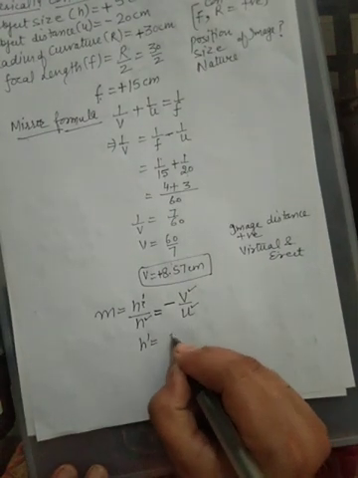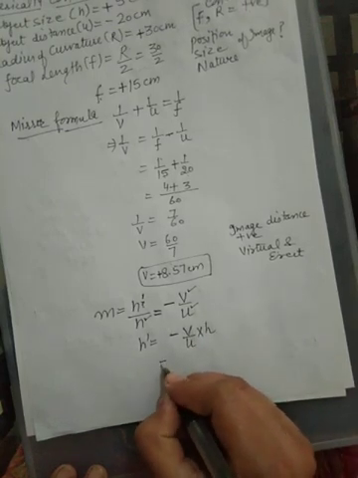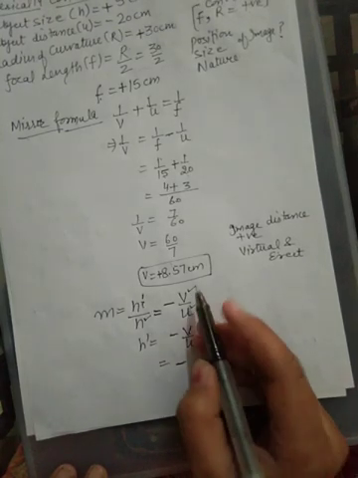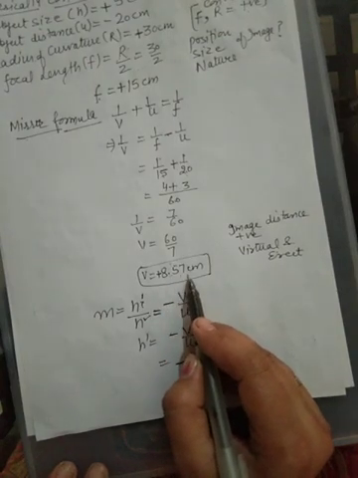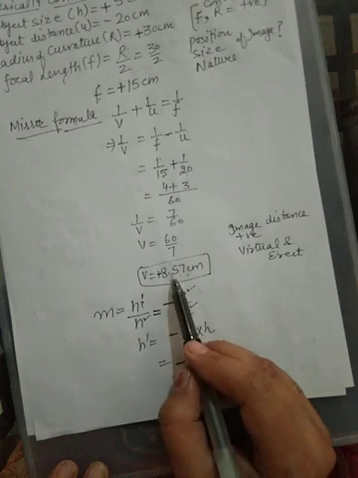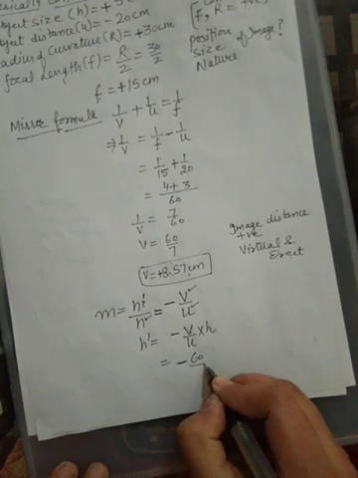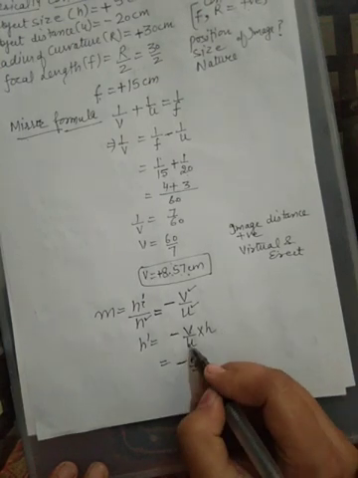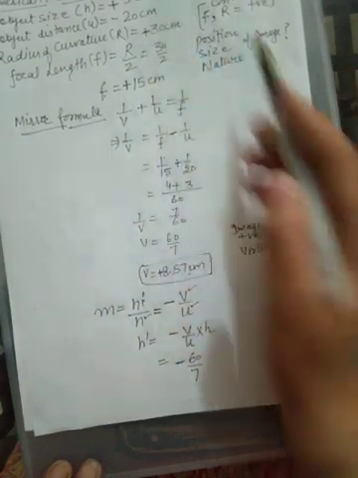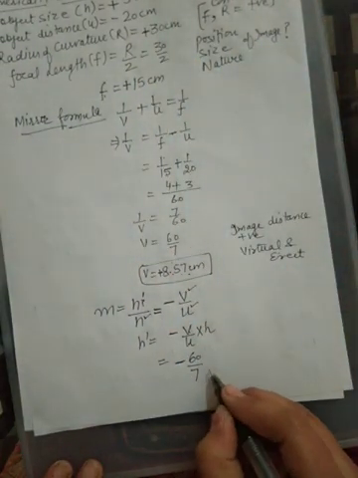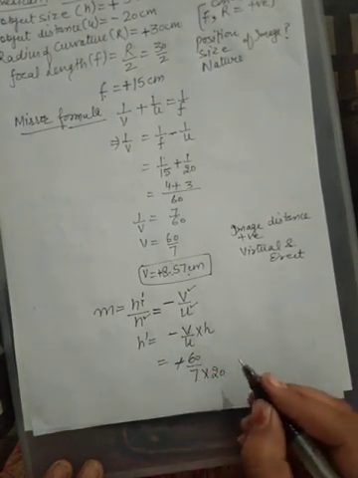H dash is equal to minus V by U into H. What is V? V is 8.57, but you must be aware that I am not substituting this, I will put minus 60 by 7. What is U? U is minus 20. So minus 20 in denominator, minus will get cancelled with this, it will become plus.